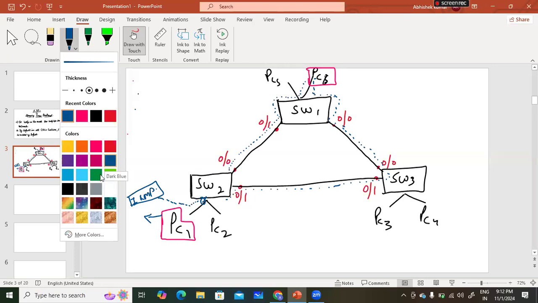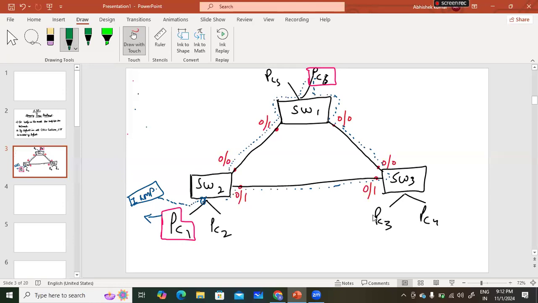Yes. Okay. So on the other hand, let's suppose PC3 is trying to establish a communication link with PC2. Now what will happen? PC3 also generates an ICMP request. And the moment this ICMP request reaches switch 3 on a particular interface, what will happen?